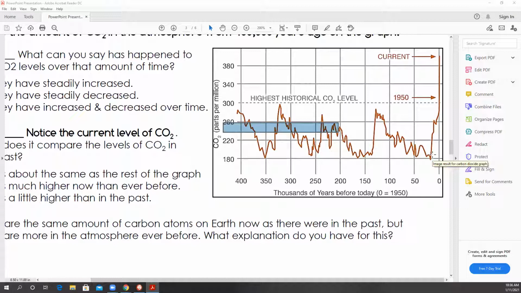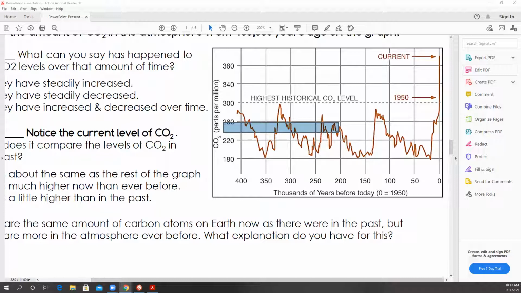Why do you guys think it's much higher now than ever before? Raise your hand. What do you think, Mazzy? Yeah, so we have more factories and cars. What else?